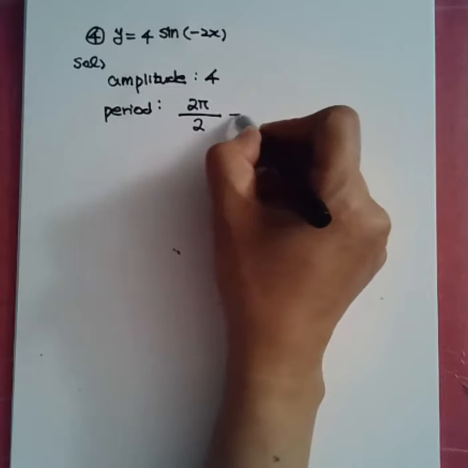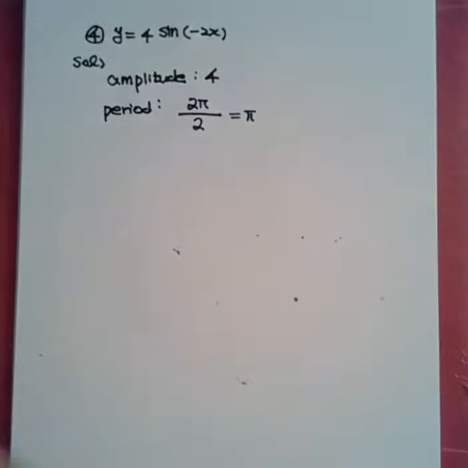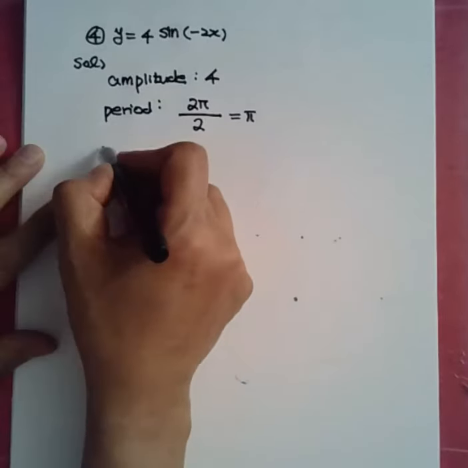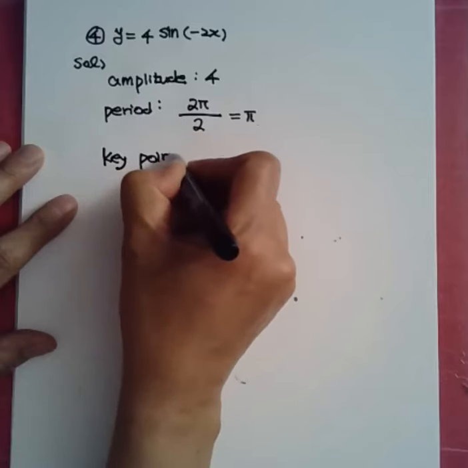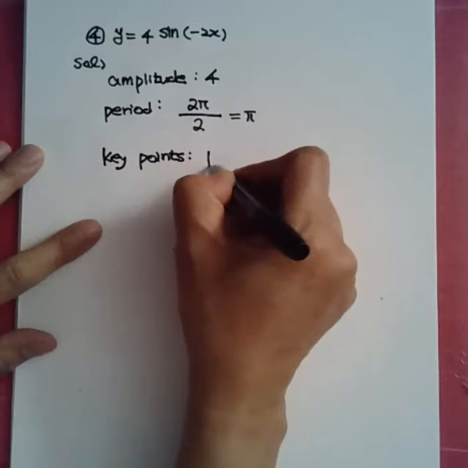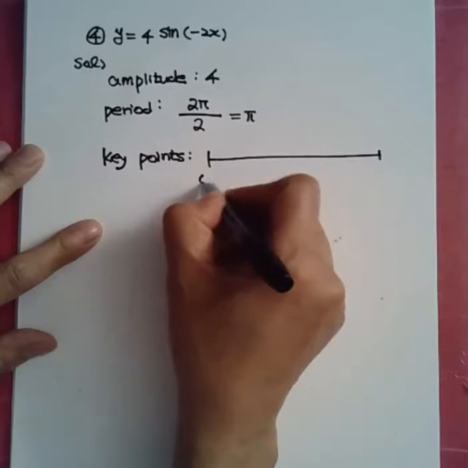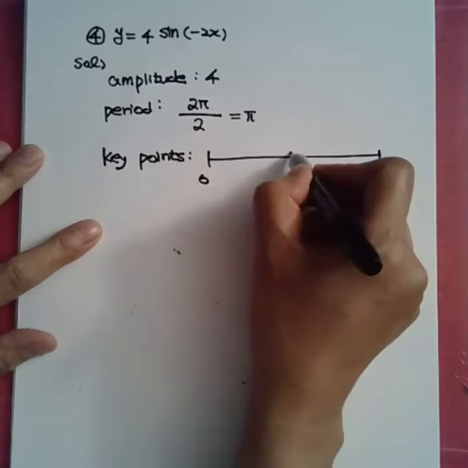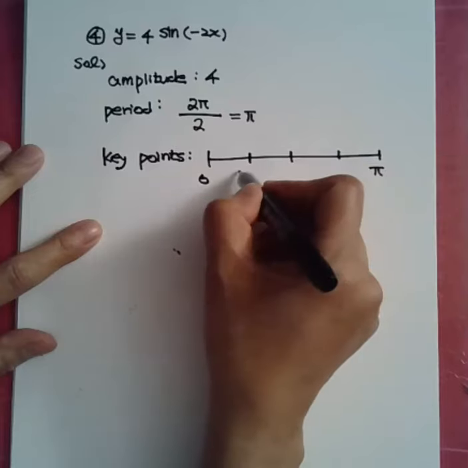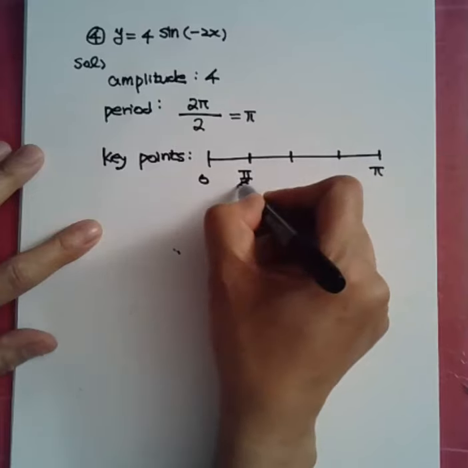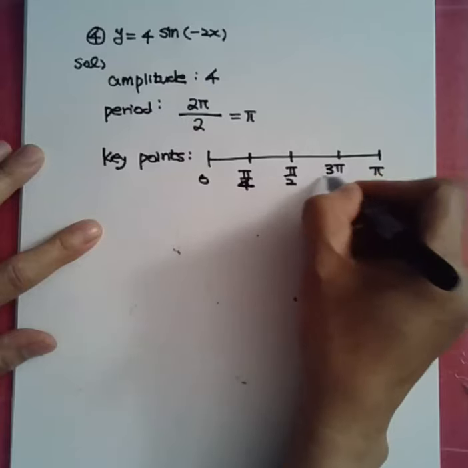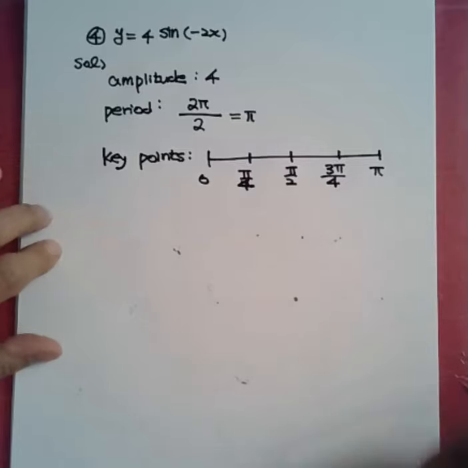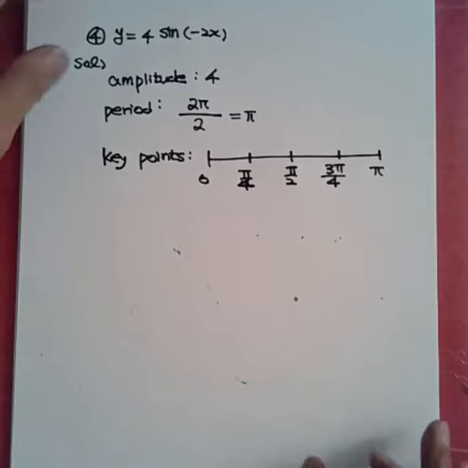So 2 pi over 2, which is pi. We think about key points. Key points are 0, pi over 4, pi over 2, and 3 pi over 4. Just multiply pi by 1/4, 2/4, 3/4.